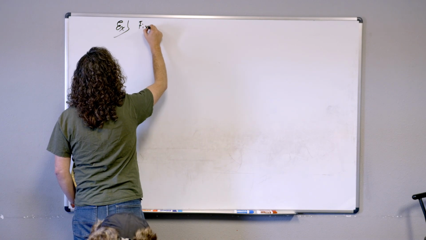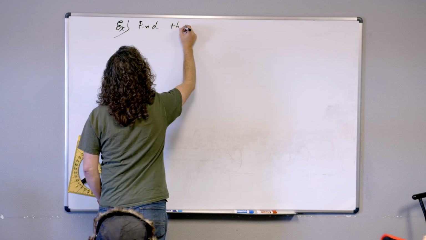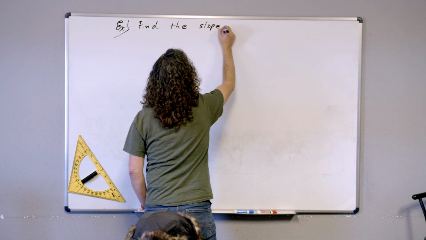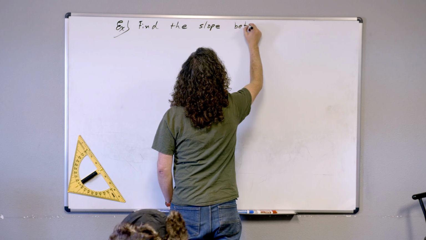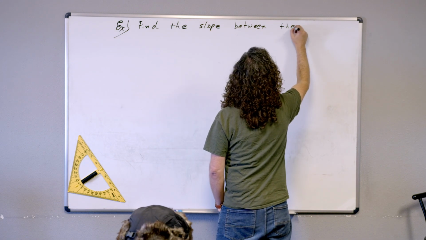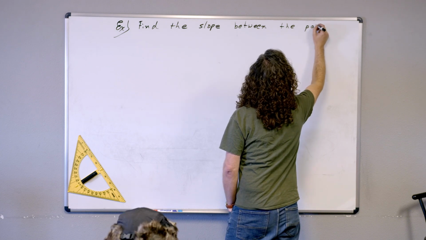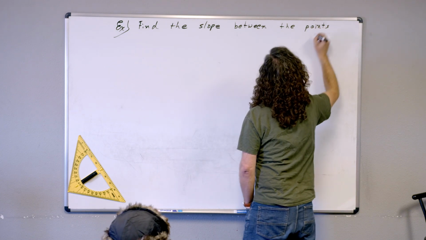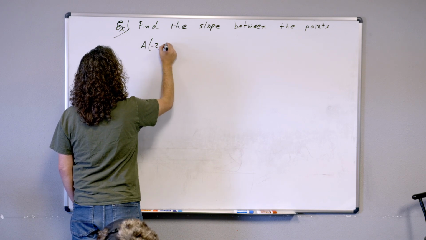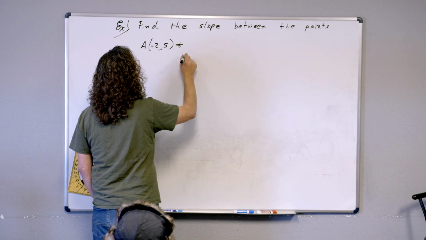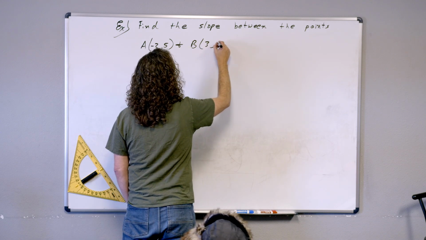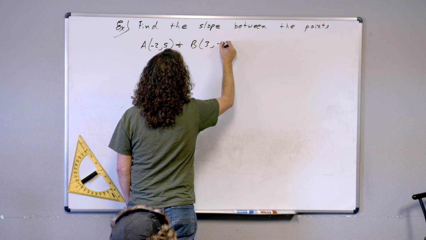Find the slope between the points A, -2, 5, and B, 3, -12.